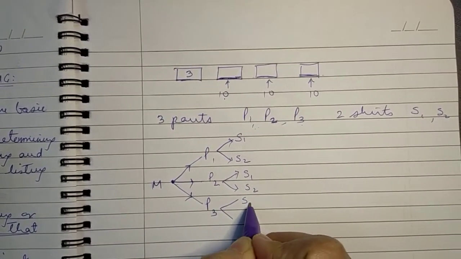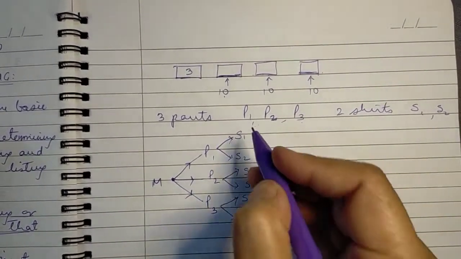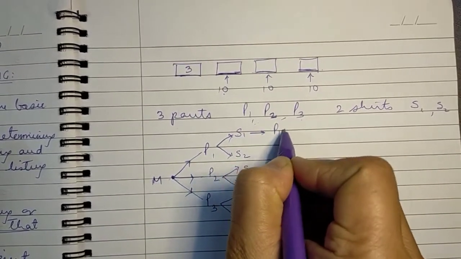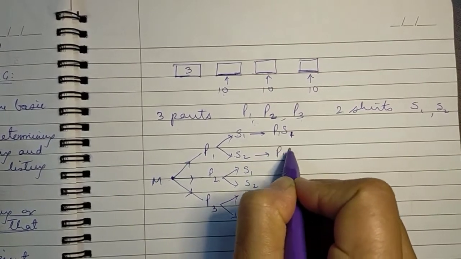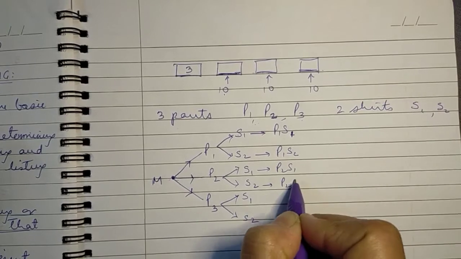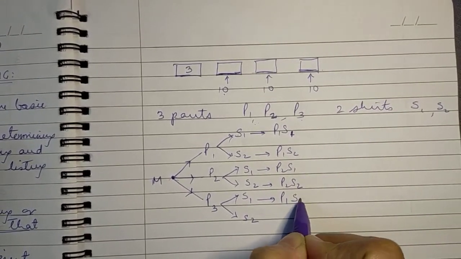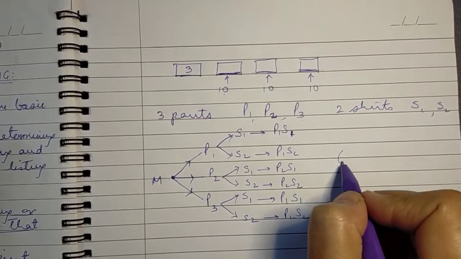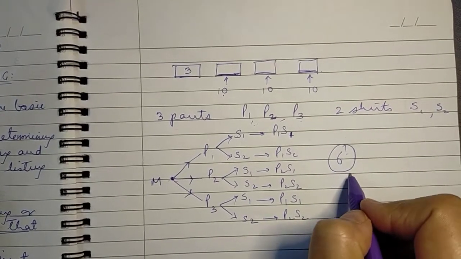So in all, the total number of ways in which he can dress up is: he can have P1 and S1, or P1 and S2, or P2 S1, or P2 S2, and so on for P3. So in all there are 6 possible ways of dressing in different manners.